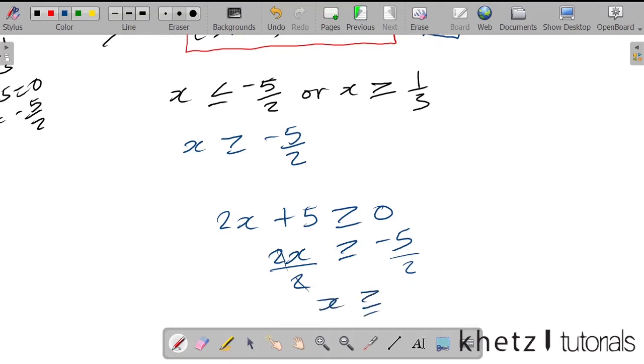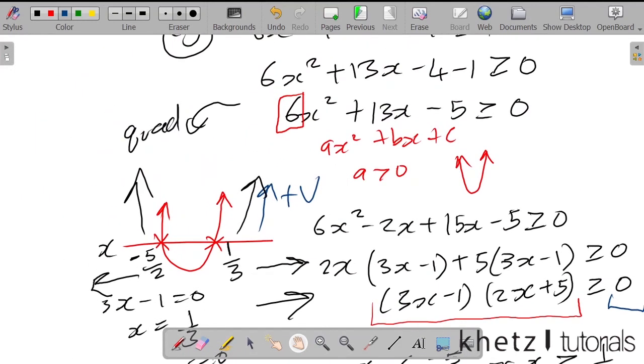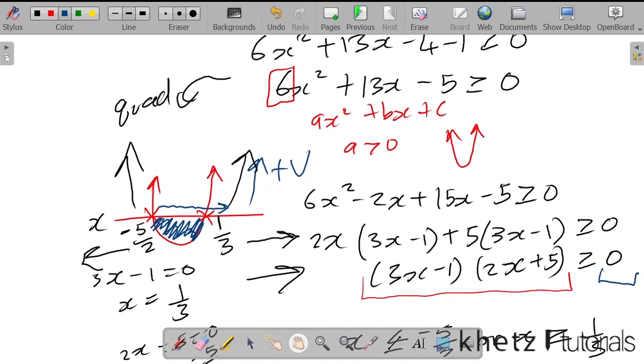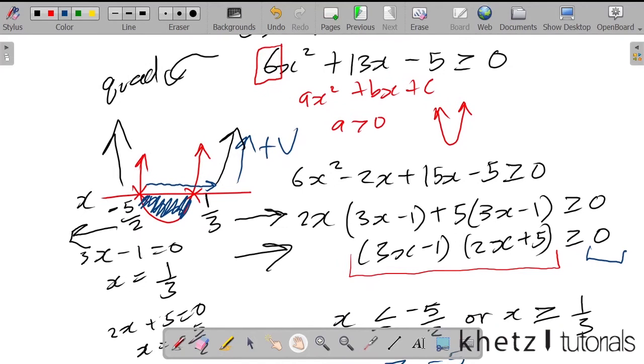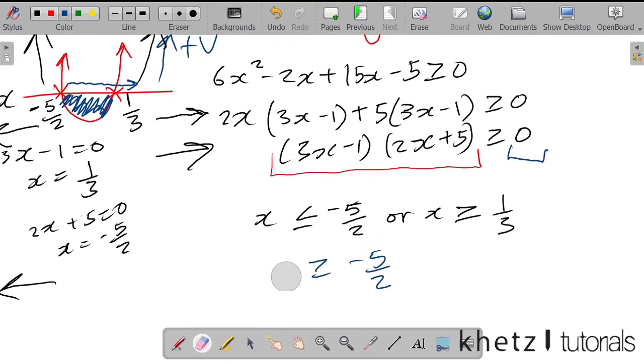That would essentially be wrong, because you'd be saying that x is greater than or equal to 5 over 2, and that would mean you are talking about this section over here, from this section towards that side, and this part is actually below the x-axis, which means it doesn't qualify to be called something which is above 0.